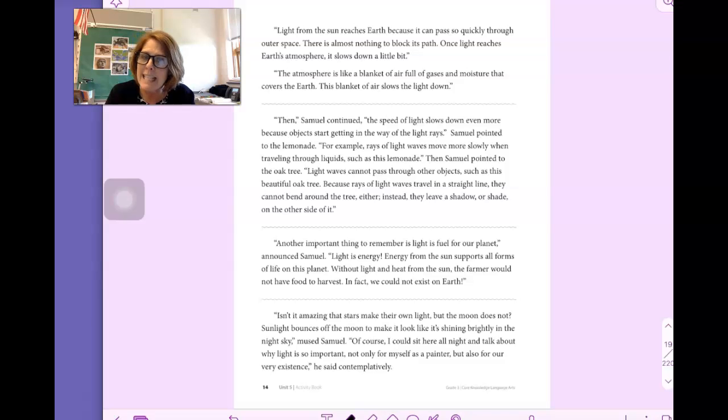Isn't it amazing that stars make their own light, but the moon does not? Sunlight bounces off the moon to make it look like it's shining brightly in the night sky, mused Samuel. Of course, I could sit here all night and talk about why light is so important, not only for myself as a painter, but also for our very existence, he said contemplatively, meaning he was thinking hard.